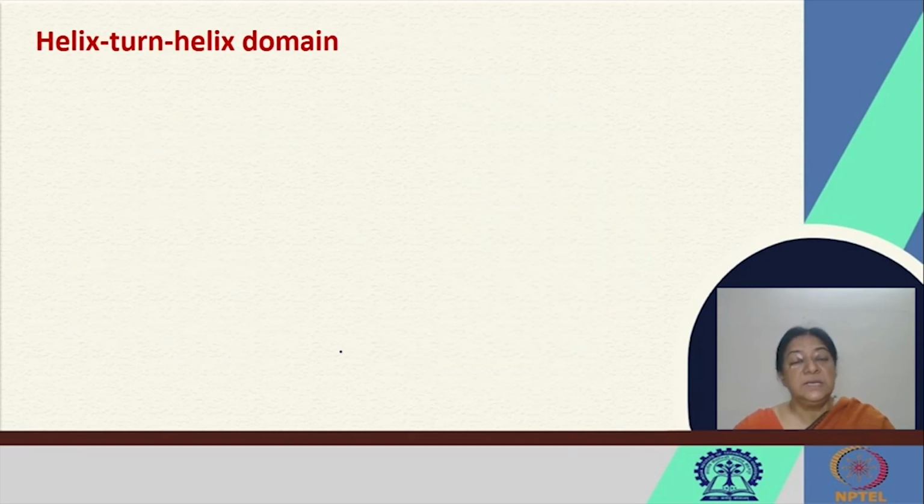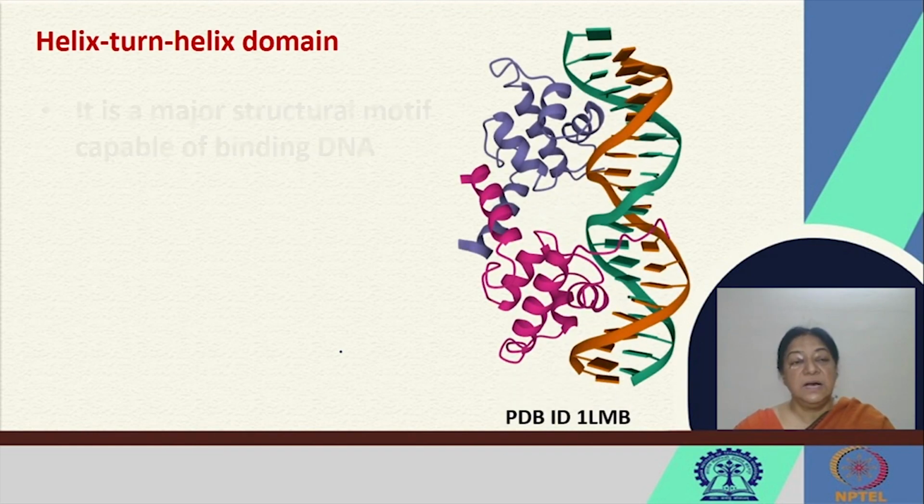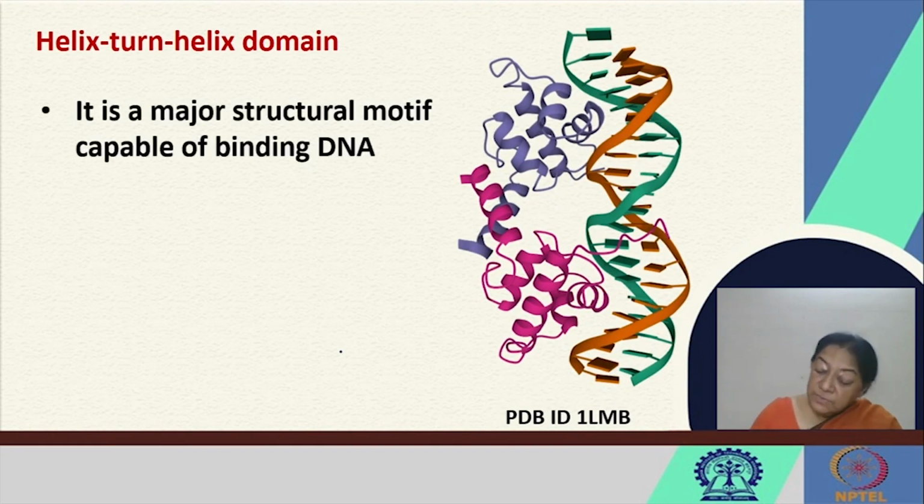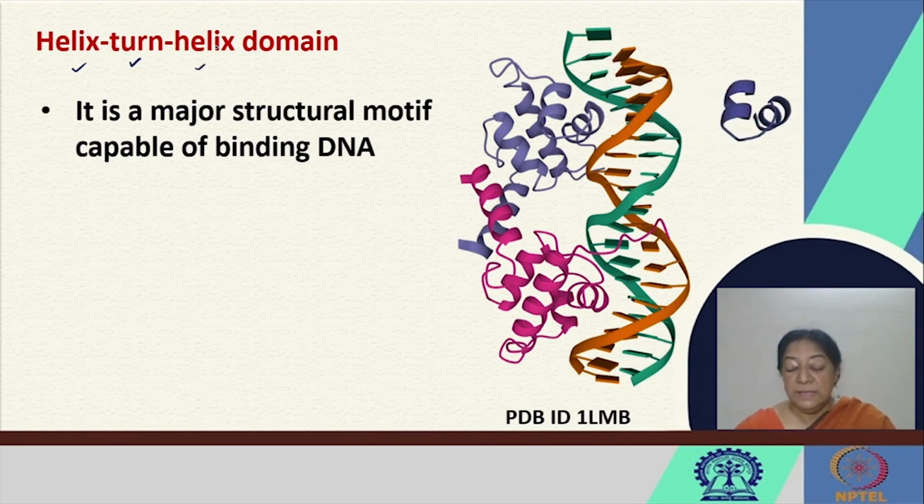The helix turn helix domain, as the name suggests, has a specific helix turn helix association. It is a major structural motif that is capable of binding DNA. And this is where we have our helix, our turn, and our helix.